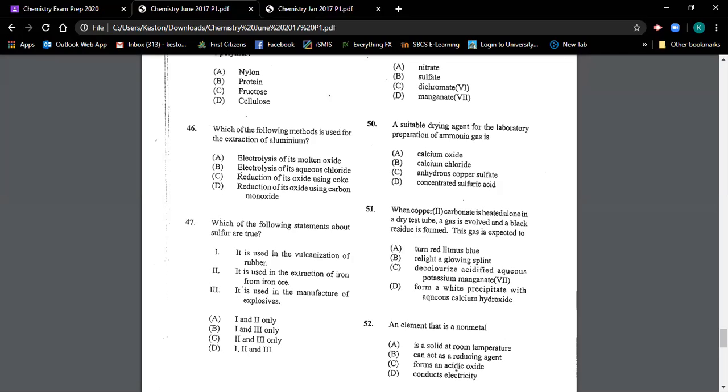Only oxygen will relight the glowing splint. Decolorize acidified potassium permanganate, or form a white precipitate with calcium hydroxide. Which one? Copper 2 carbonate. A black residue is formed. What's that black residue?